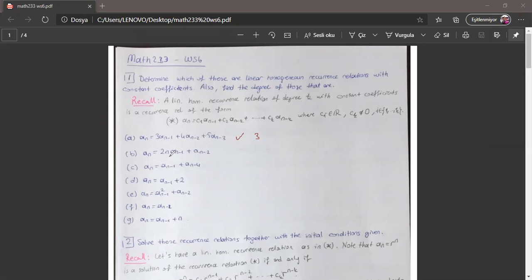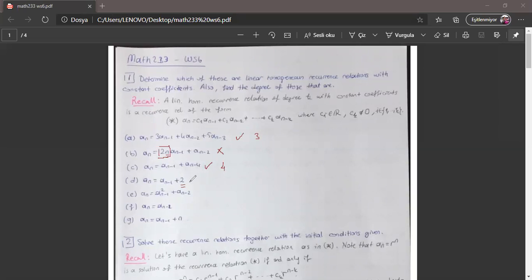What about this? Here we have n, right? This is not constant. This depends on n, so this is not a linear homogeneous relation. And what about this? It is exactly what we want. So here we have 4 as degree. What about this? Here we have some constant and no change here, right?